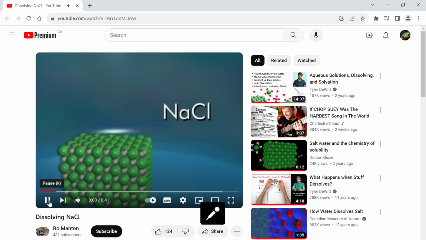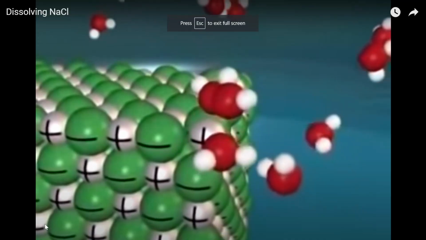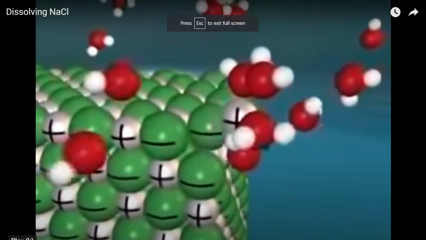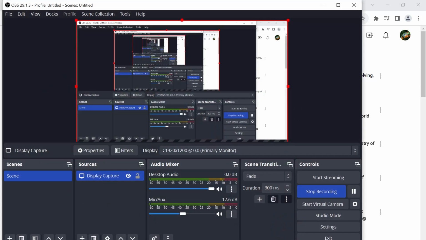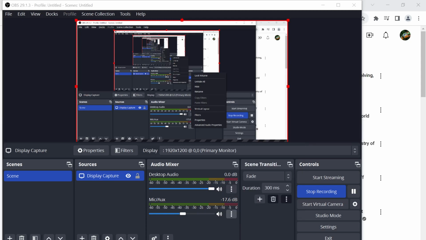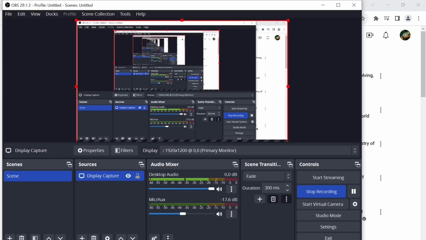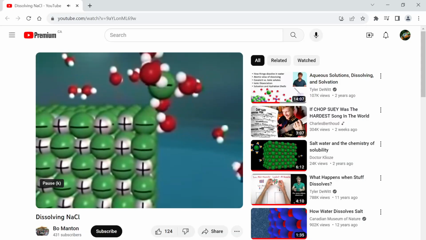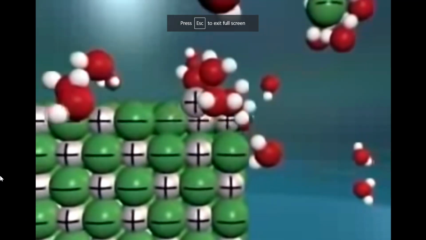When an ionic substance, such as sodium chloride, is placed in water, water molecules interact with the ions on the surface. If the salt is soluble, the attractive interactions with water molecules overcome the ionic attractions within the lattice.